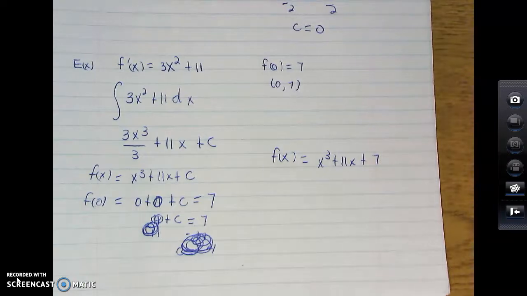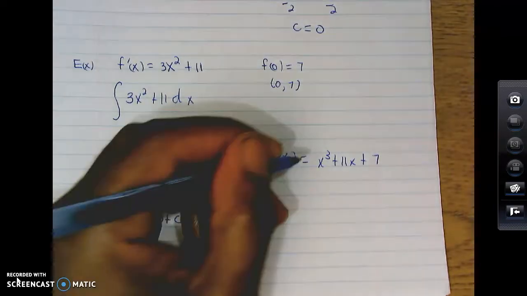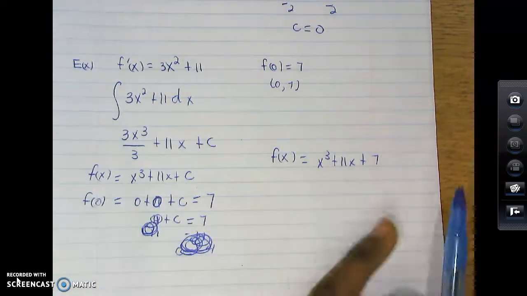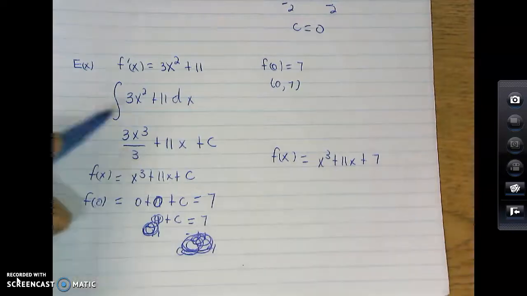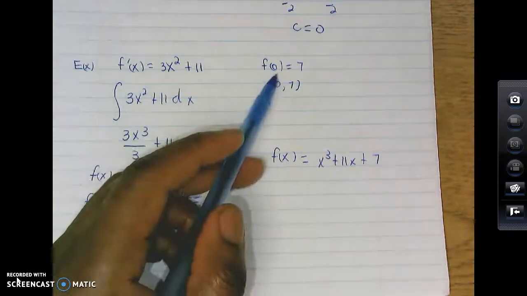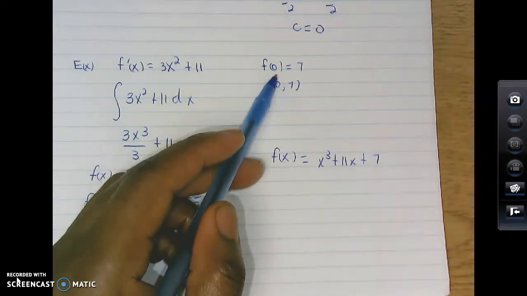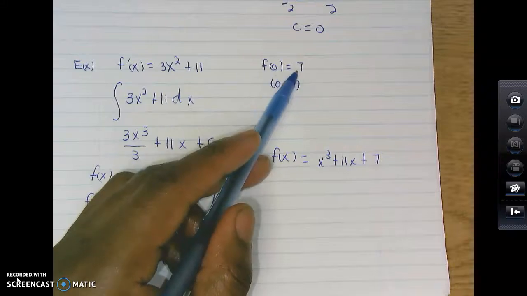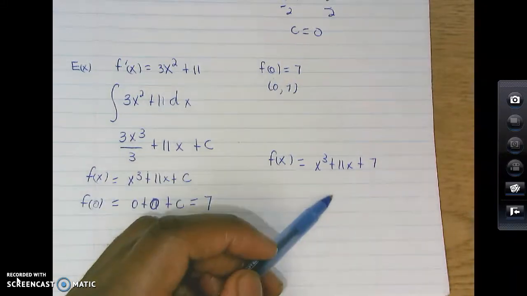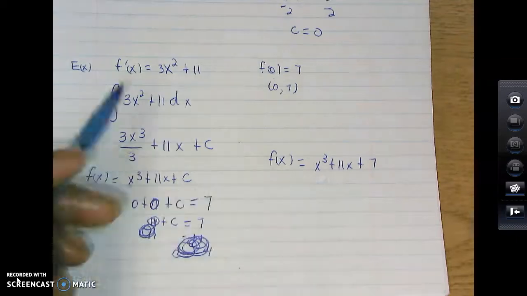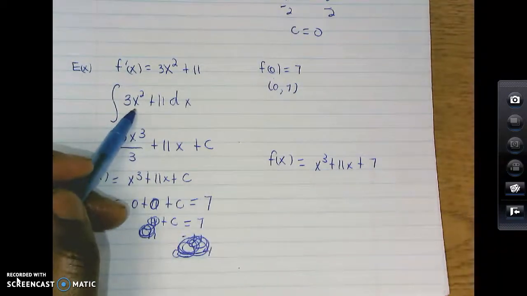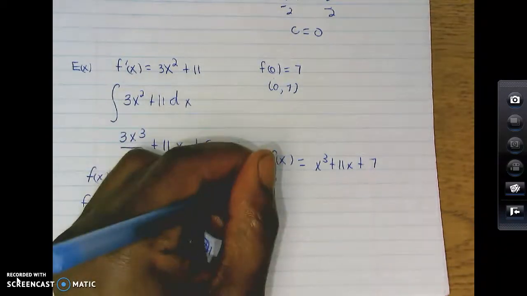And then you can also verify that you do have the right answer, because you can always plug in 0, and what should come out? You should get 7. And then when you take the derivative of this function, you should get 3x squared plus 11. So let's just go ahead and do that.